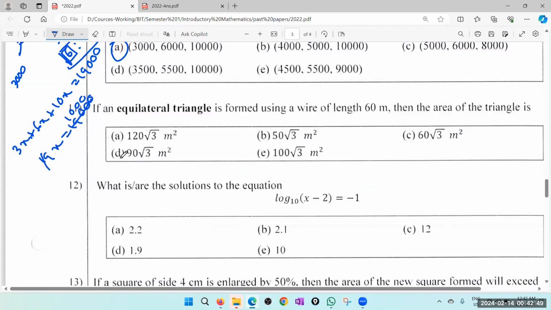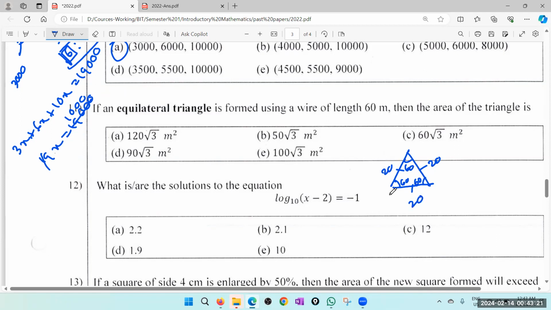11th question. If an equilateral triangle, equilateral means all three sides have the same length, okay? And each angle is 60. If an equilateral triangle is formed using a wire of length 60, that means one side is 60 divided by 3, that is 20, 20, 20.